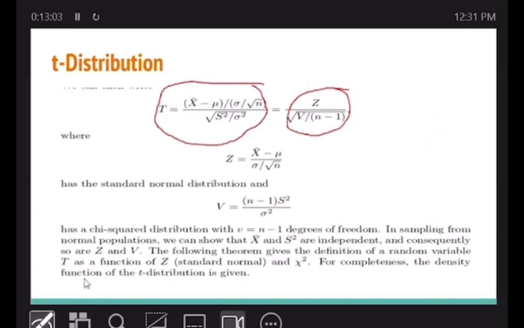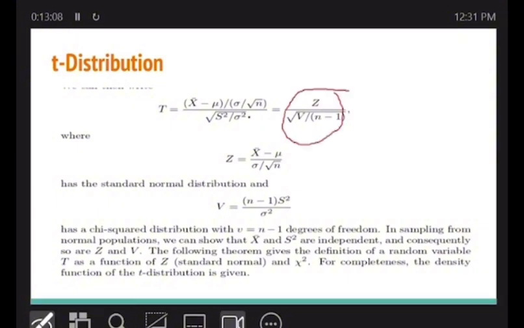Please, I need you to pay attention. If T equals this guy, and I ask you to get me the distribution for T, now if you want to get a distribution for T, we have Z and V, right?